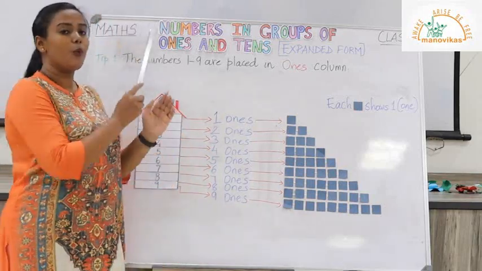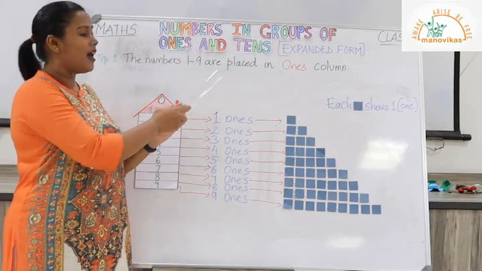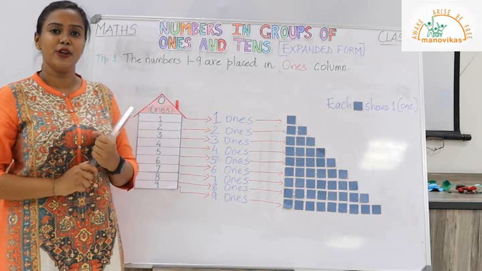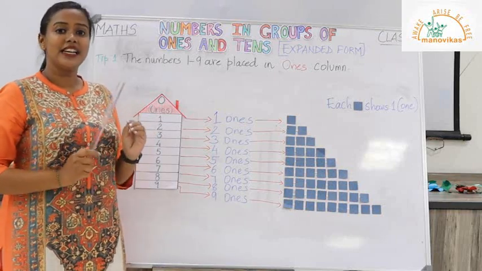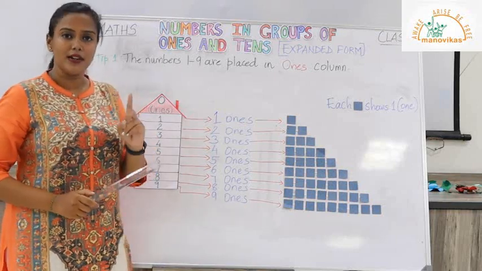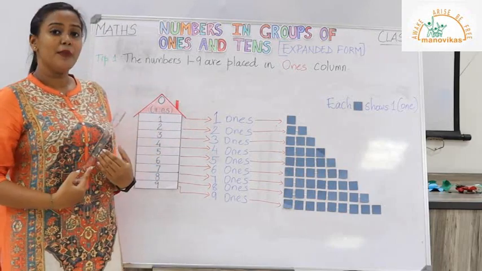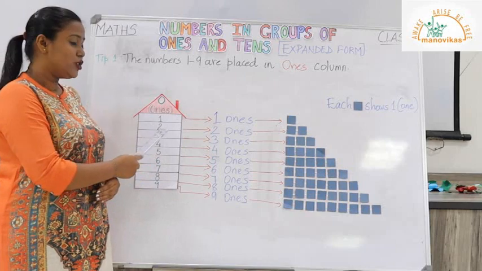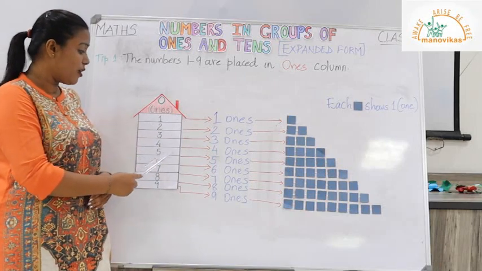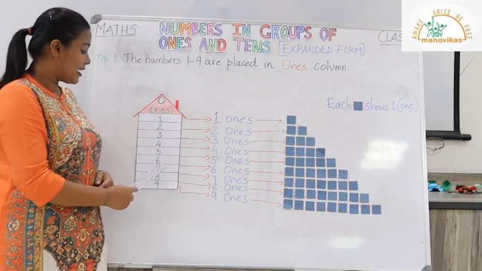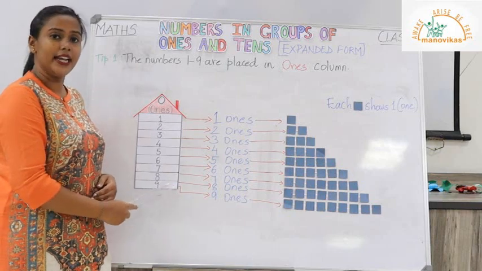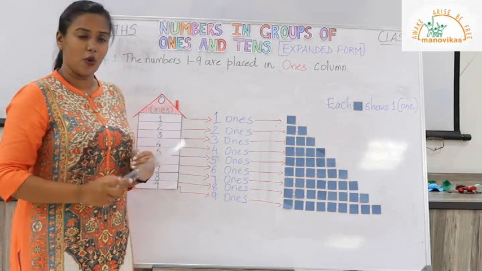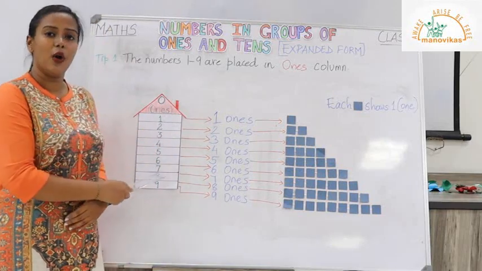So the numbers from 1 to 9 are placed in the ones column of this place value chart. For example, in the family of ones, we have single digit numbers, that is 1, 2, 3, 4, 5, 6, 7, 8 and 9. So one digit numbers will always go in the family of ones.